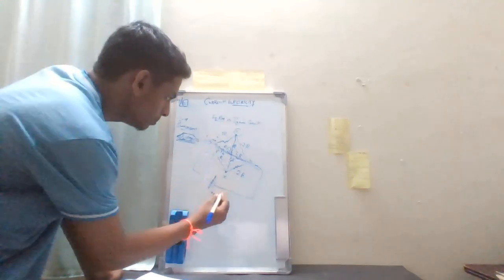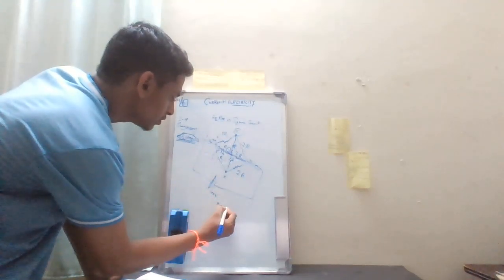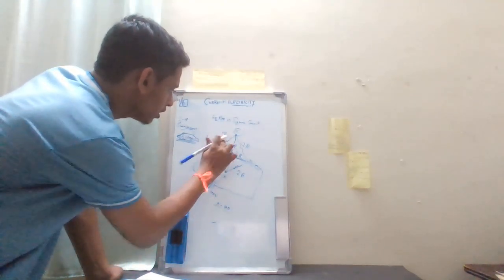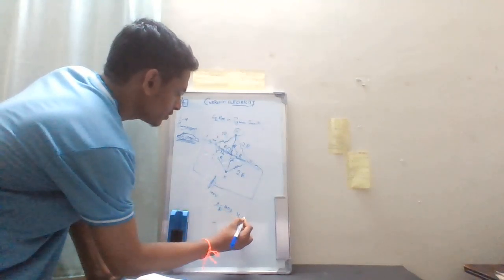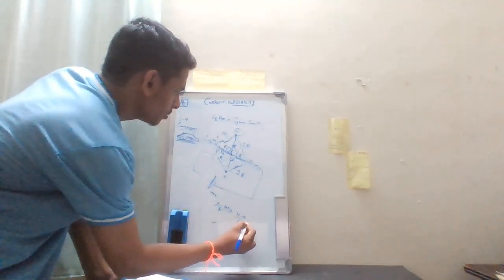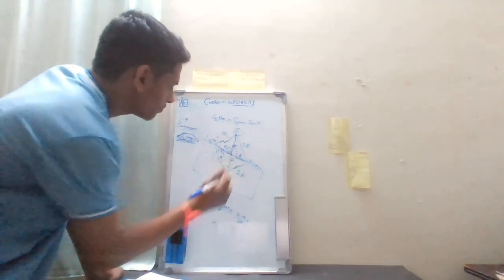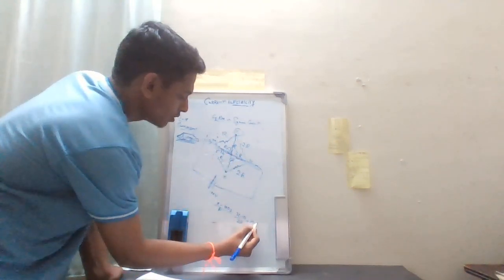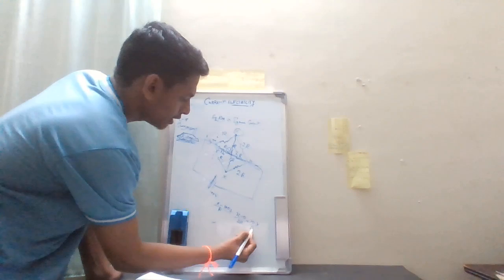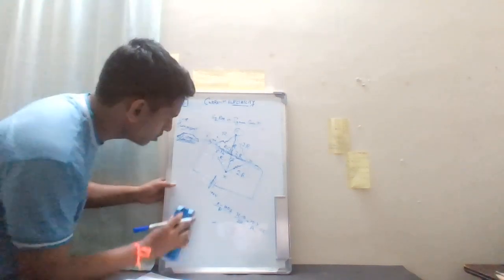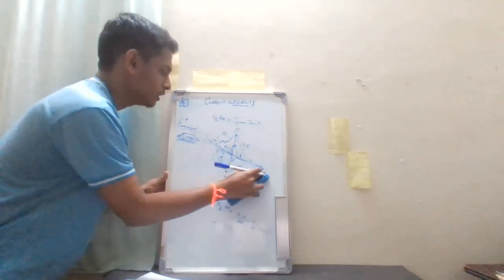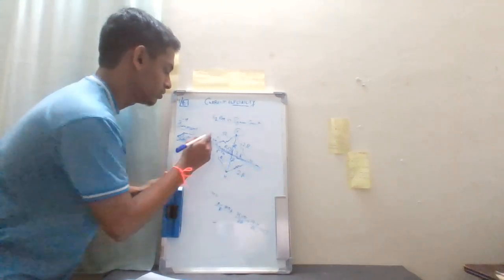So that would be X minus 100 by R plus X minus 0 by 2R plus X minus Y by R equals to 0. That is our first equation. Let's write here.